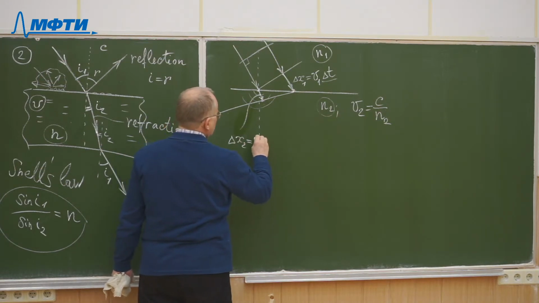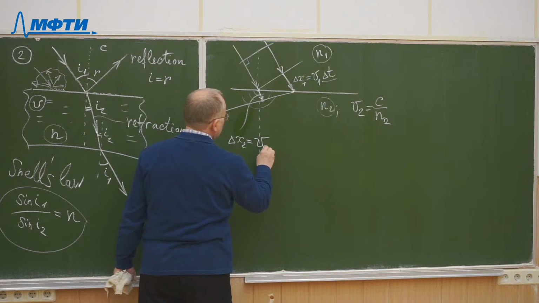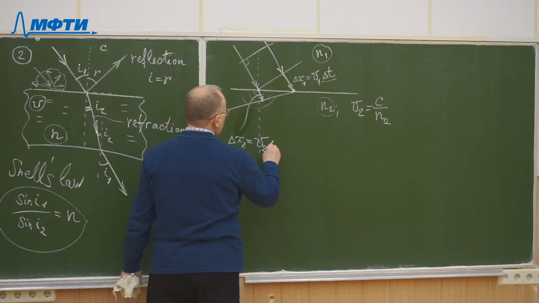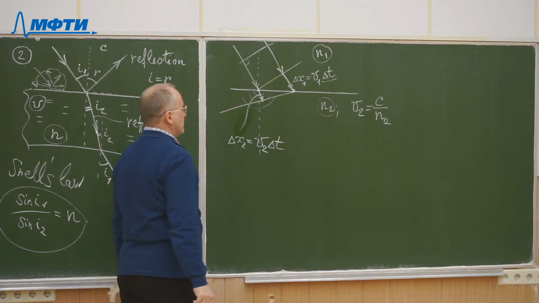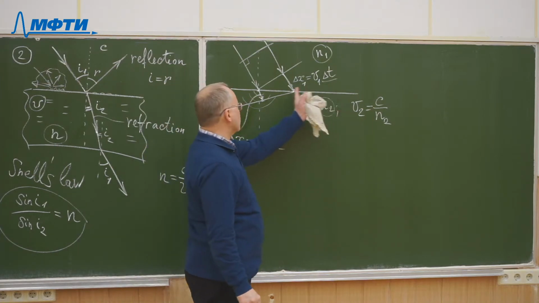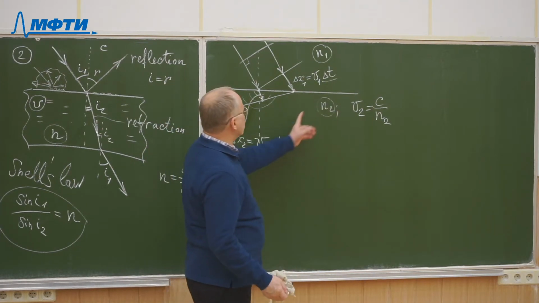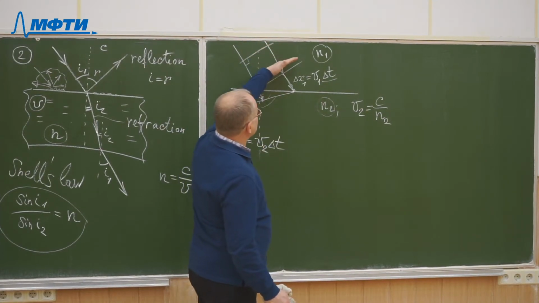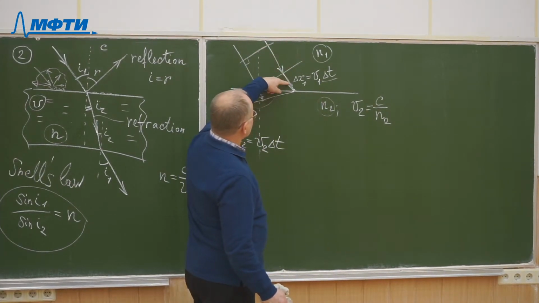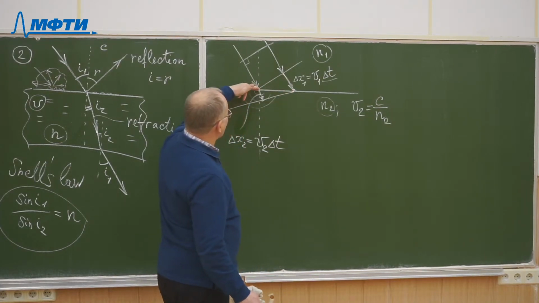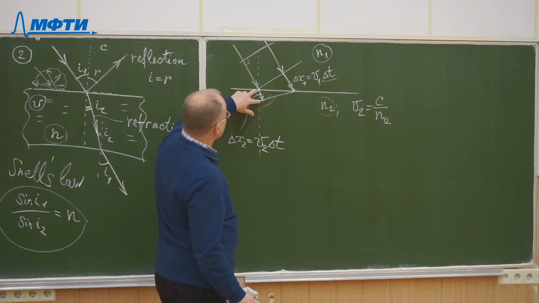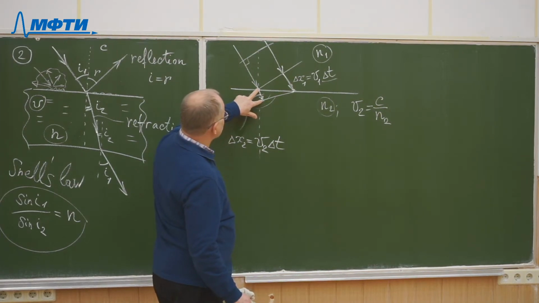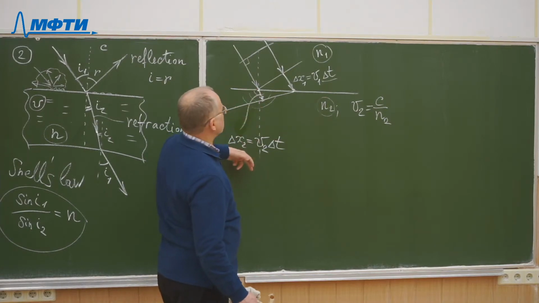That will be, again, the velocity of light, v2, in the second medium, times delta t, where delta t is the same time interval. So during the same time interval delta t, the light propagating in the first medium will go a distance delta x1. And the same light wave propagating in the second medium will go a different distance delta x2, because the velocity of propagation here is different.